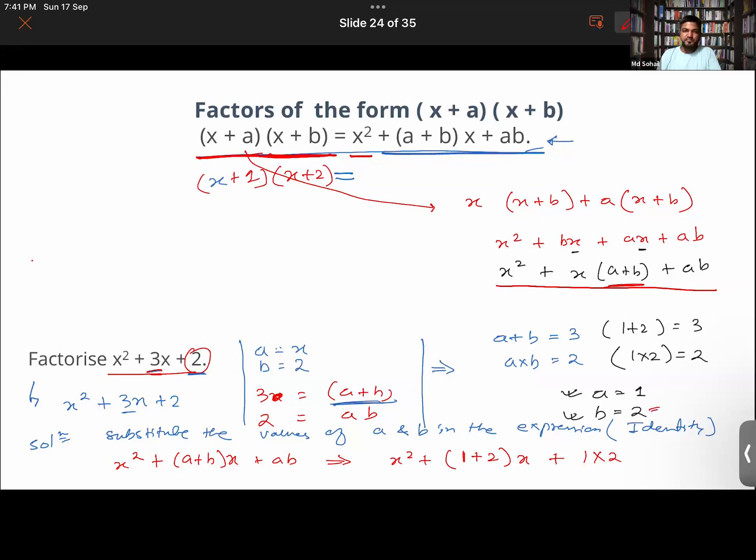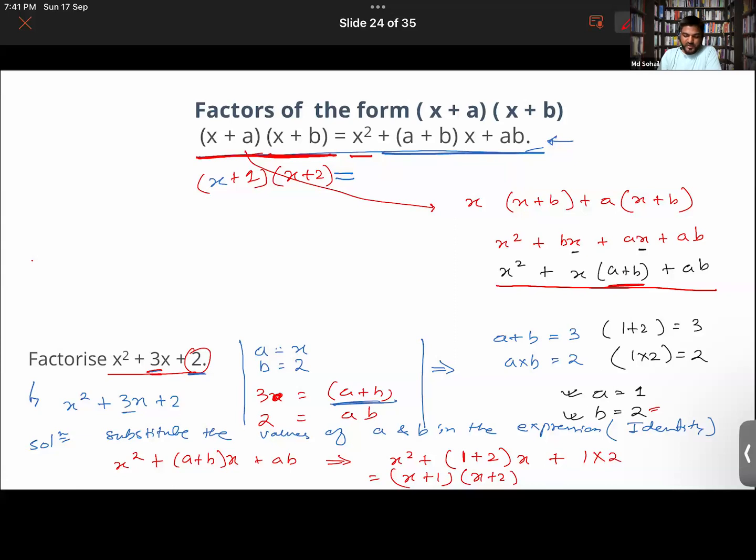So this is equal to x plus 1 into x plus 2. Is that clear to both of you? This is the answer, x plus 1 into x plus 2. This is how factors of the form x plus a into x plus b will be formed.